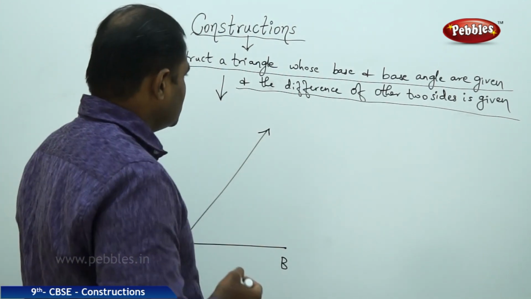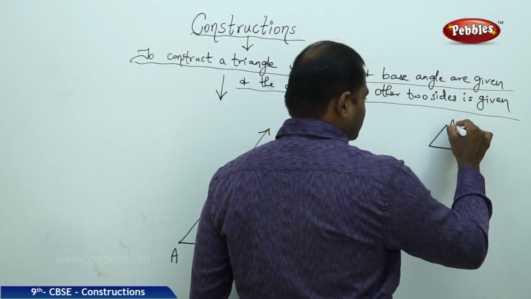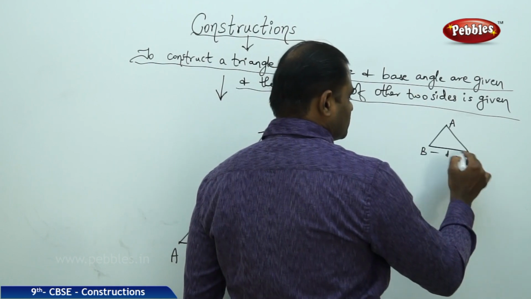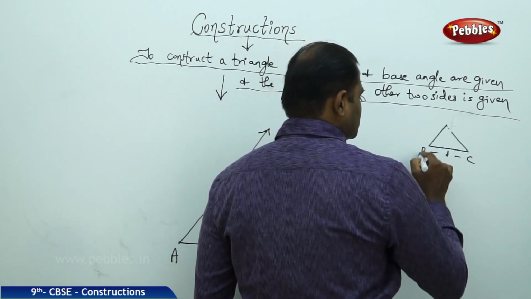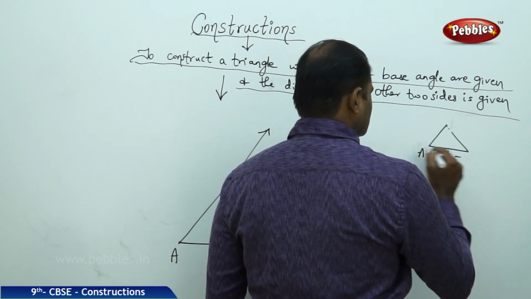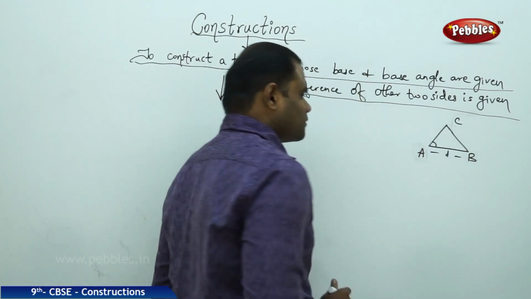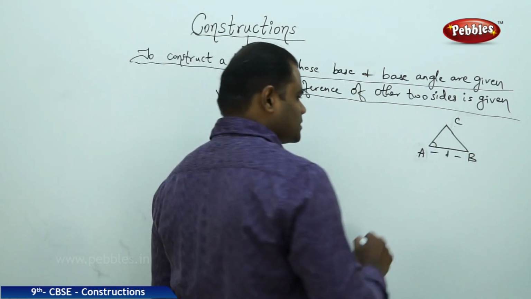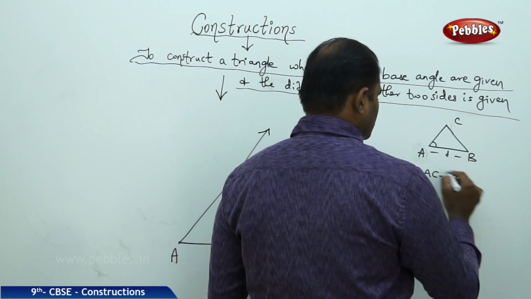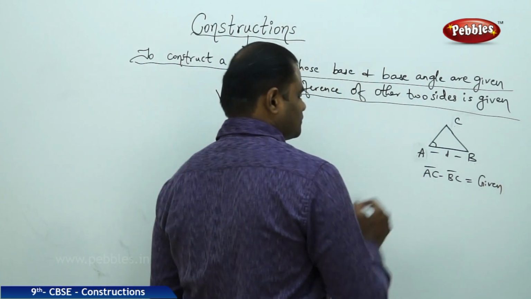Now, the difference of two sides, say for example, if I take the construction diagram as a rough work, this is A, B and C, and this angle is given, then the difference of two sides, say AC minus BC, is given.